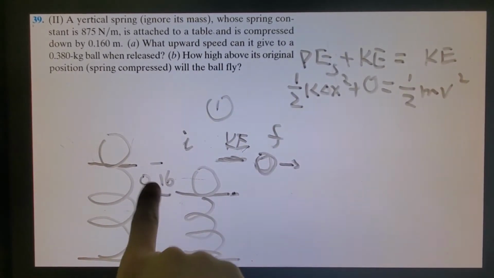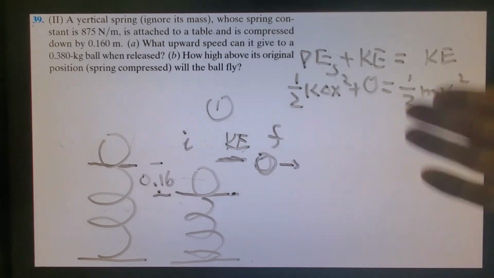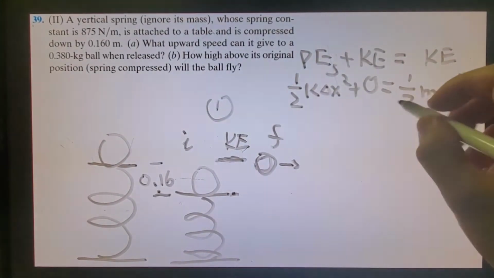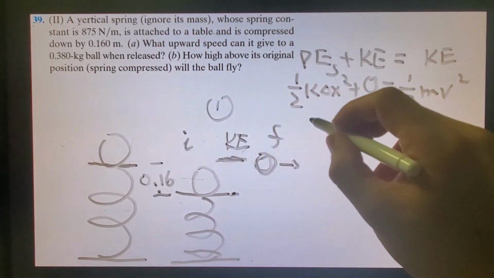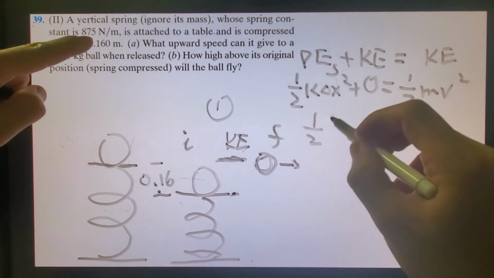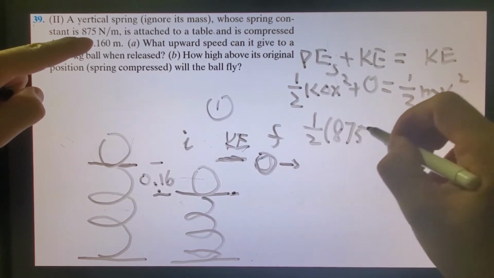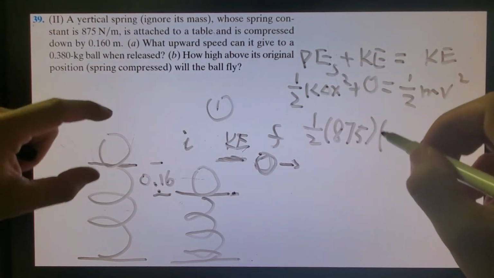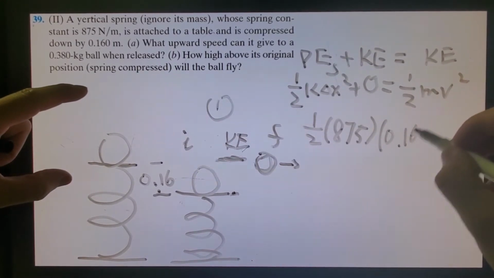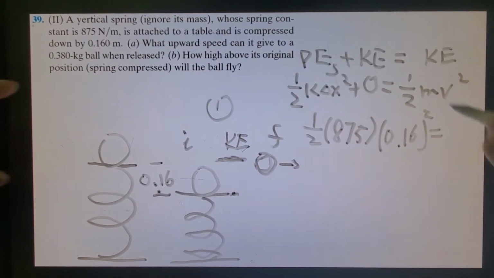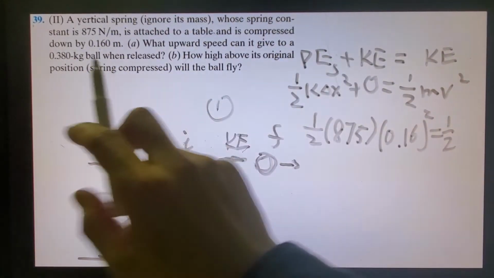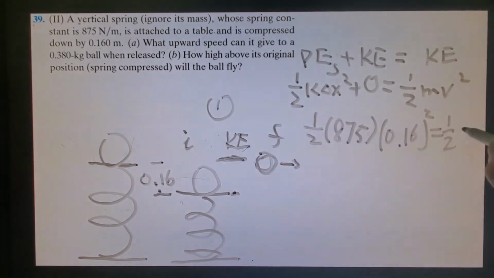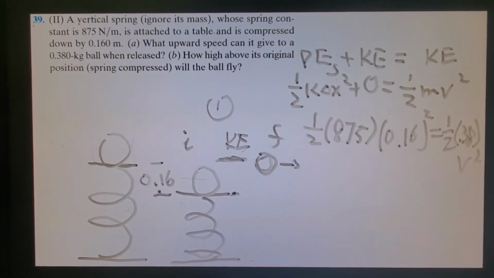If we ignore that gravity part, I'm going to plug in everything. Half times k, 875, times delta x squared, 0.16 squared, is equal to half times m v squared, with m equal to 0.38.